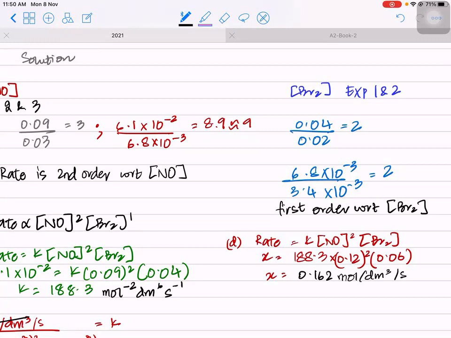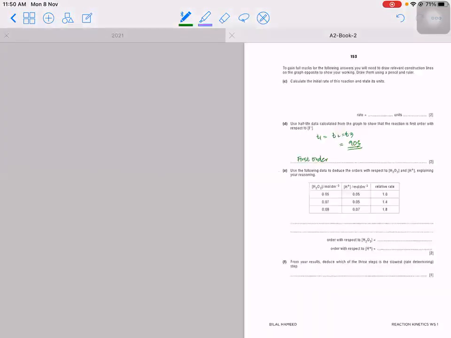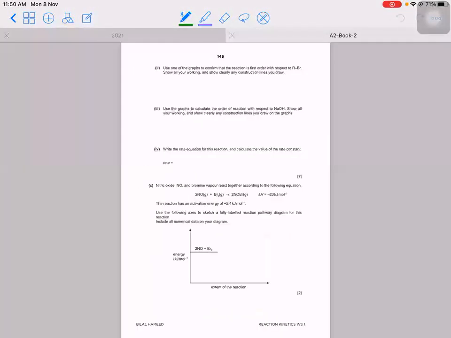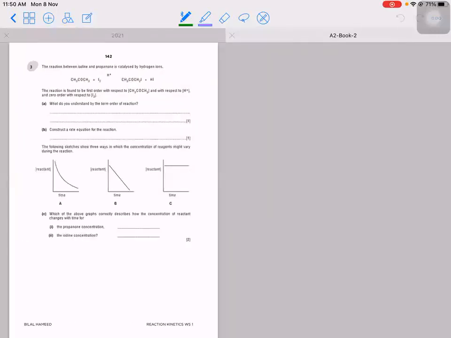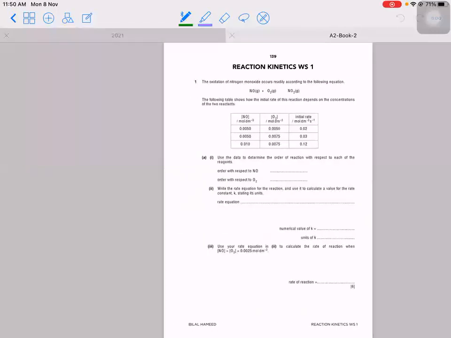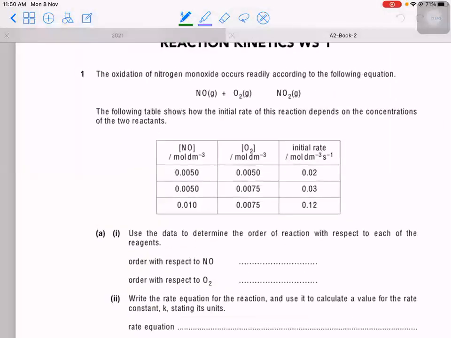Is this clear? Do you guys understand this? Can you guys try this question?